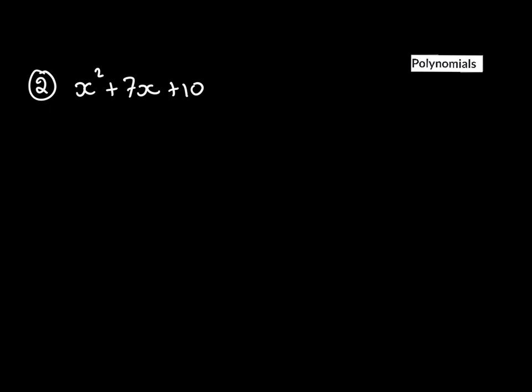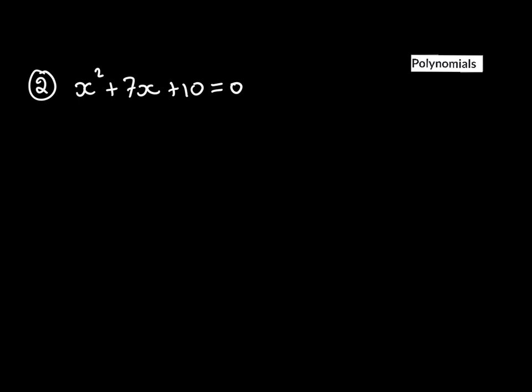Let's try this. The question is, find the zeros of the quadratic polynomial x squared plus 7x plus 10 and verify the relationship between the zeros and the coefficients. So let's find out first the zeros of this polynomial. In order to do that, we need to factor them.